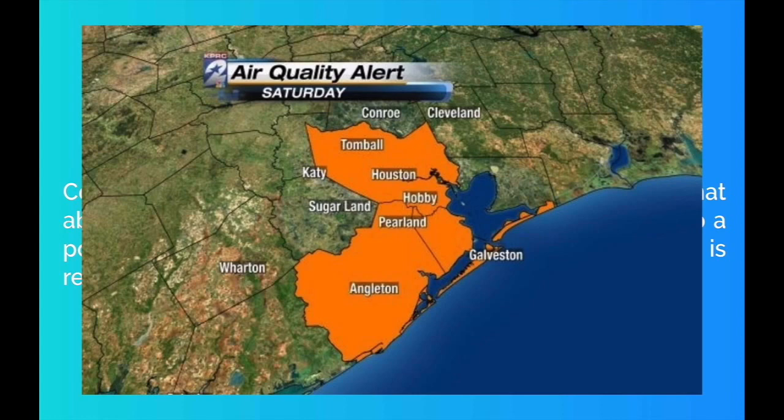Ozone starts to build up on these hot days, and it pushes out the regular oxygen that we need to breathe from the air, causing a suffocating effect. This sometimes can have a negative effect on people with asthma, or the elderly, or the very young. So air quality alerts are usually associated with very hot days.